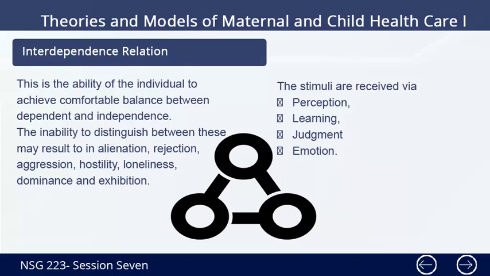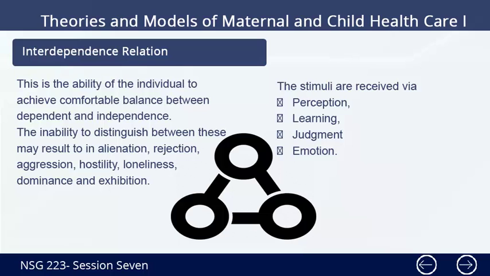This is the ability of the individual to achieve comfortable balance between dependence and independence. The inability to distinguish between these may result in alienation, rejection, aggression, hostility, loneliness, dominance, and exhibition.